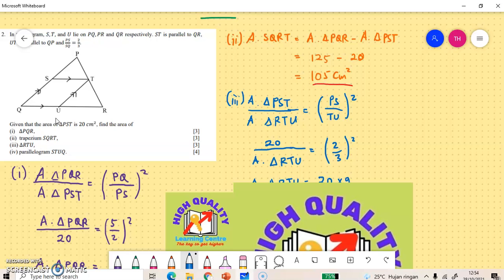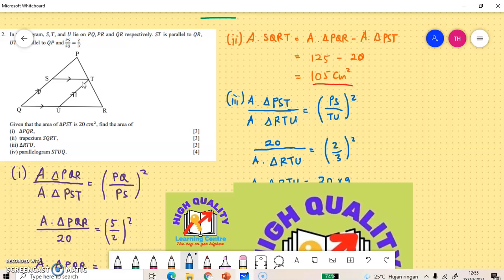Question number 3, RTU over here. We can use the ratio between PST and RTU, because PST and RTU are similar also, as we know. You see here PS is parallel to TU, and PTR is a straight line, so they are similar.